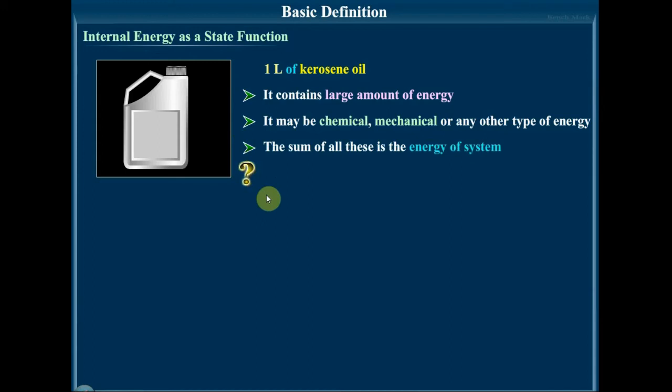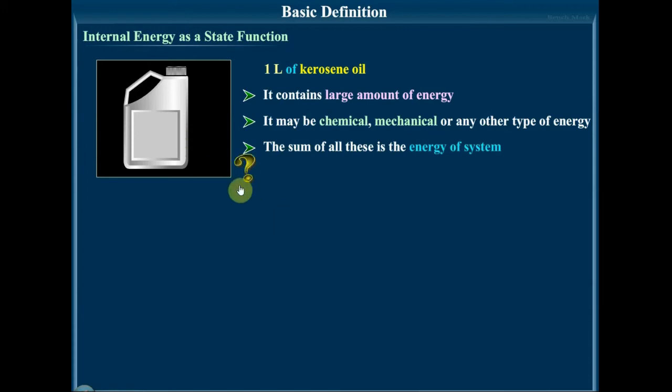Internal energy is actually the sum of many energies. The energy of the molecules can be translational energy, rotational energy, vibrational energy, electronic energy, nuclear energy, etc. So internal energy is a sum of all these energies.